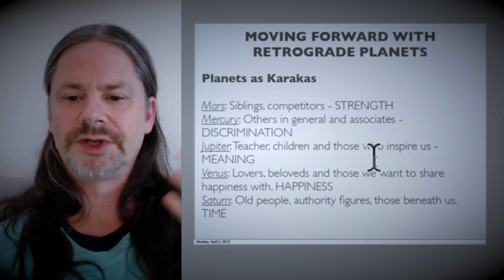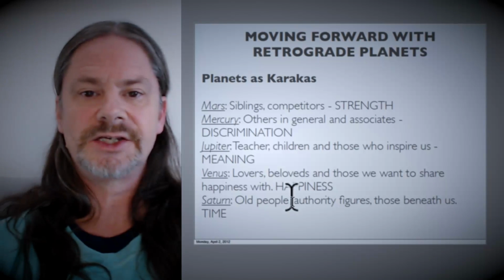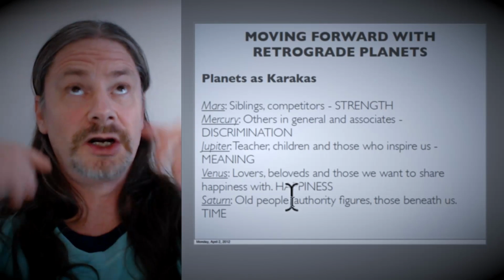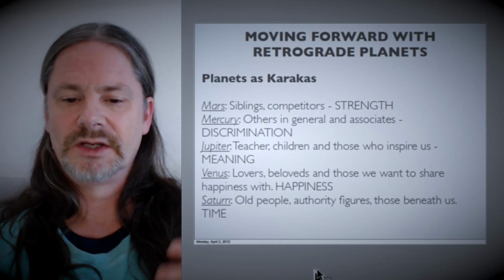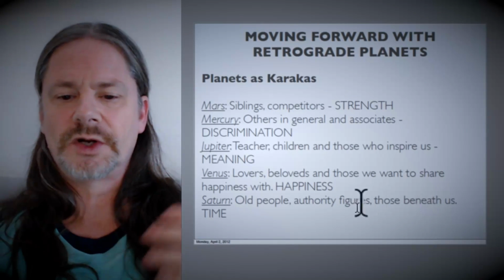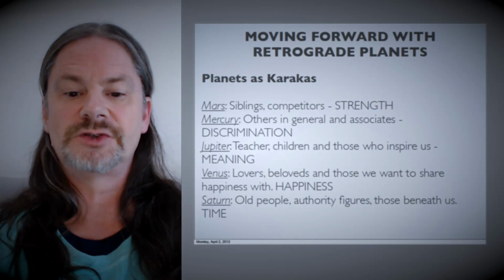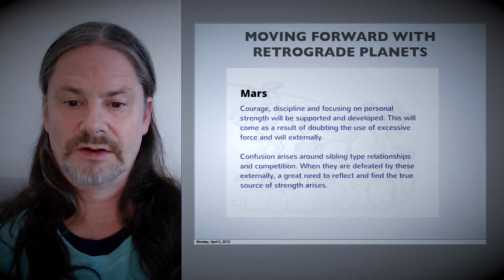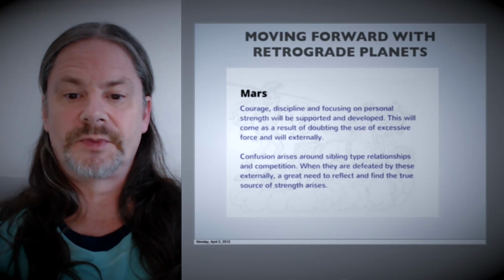Jupiter, teacher, children, those who inspire us, a sense of meaning. These become confusing things when the planet is retrograde in the natal chart and when it's retrograde in the sky, if it's a transit. Venus, lovers, beloveds, those who want to share happiness with, and happiness in general. Saturn, old people, authority figures, those beneath us. Time, right? So this is the manual from the retrograde planets course.